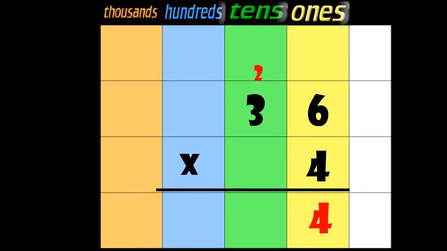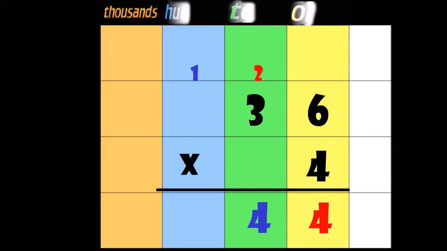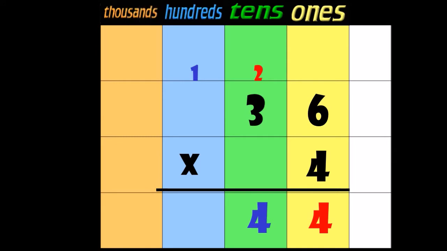I will write the 4 at the bottom of the ones place, and don't forget to regroup the 1 into the hundreds place. There's nothing in the hundreds place to multiply that 4 by, so the regrouped 1 gets dropped straight down, and my answer is 144. This product is reasonable because my estimated product was 160.